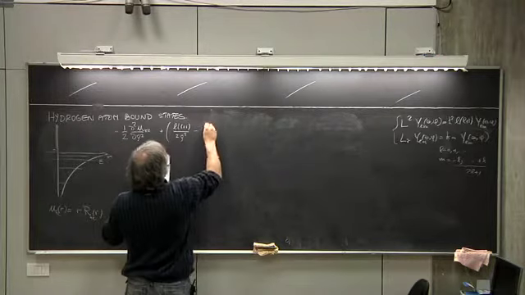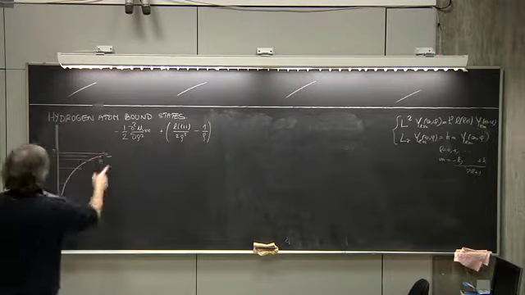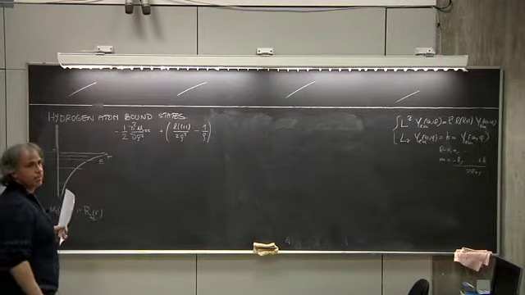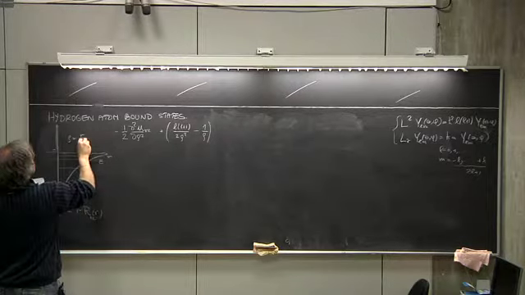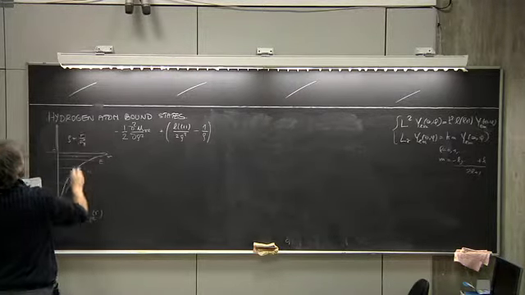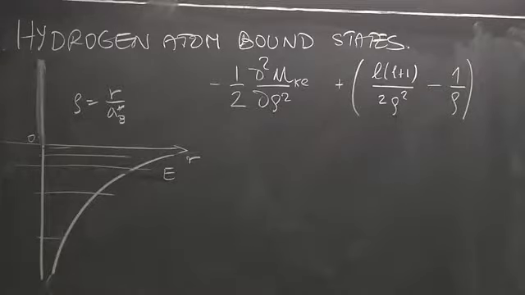Then there is this term that is minus 1 over rho, which is exactly the Coulomb potential, minus 1 over r. By the way, rho is simply r divided by the effective Bohr radius, so this good unit of length.